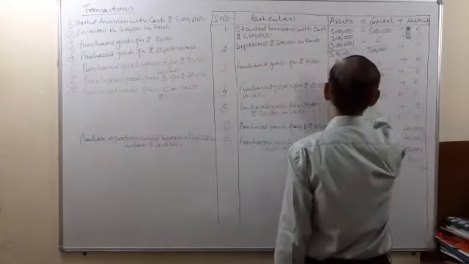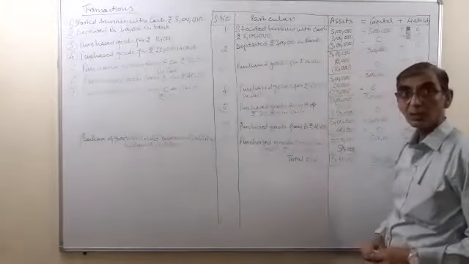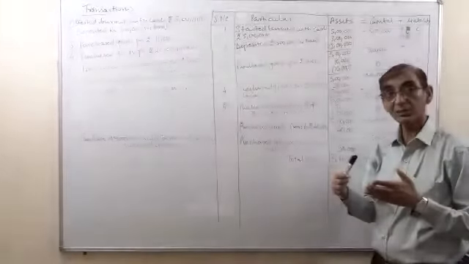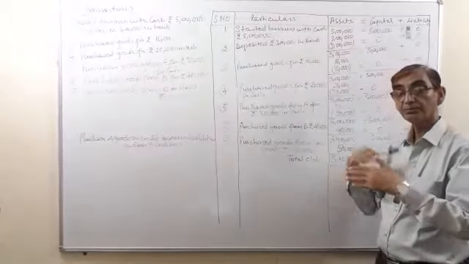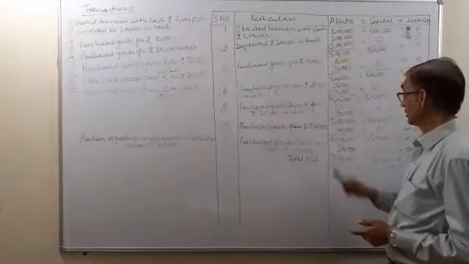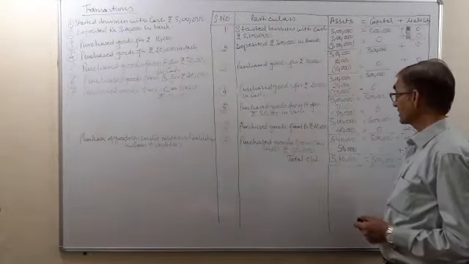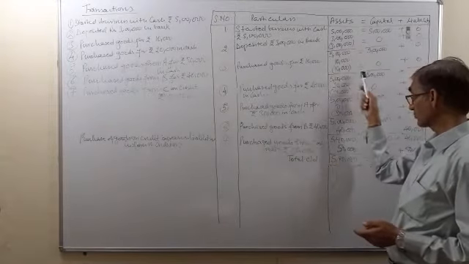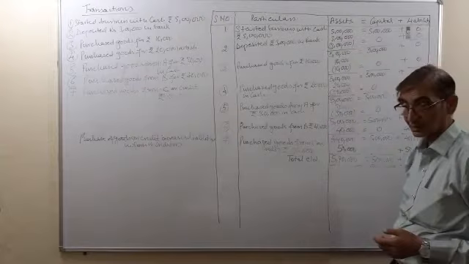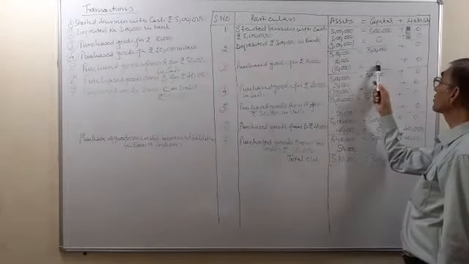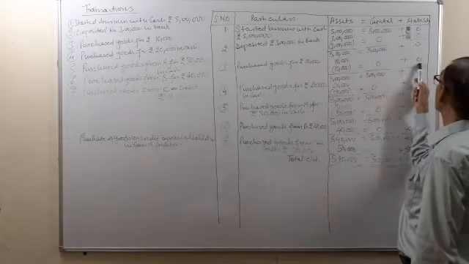So by rupees 10,000, our asset is going to increase because these goods that we are purchasing will be added to the stock, and stock is an asset. So 10,000 will be added to the asset. On the other hand, cash is going out, so 10,000 will be subtracted from the assets because cash is an asset. No effect on capital, no effect on liability.